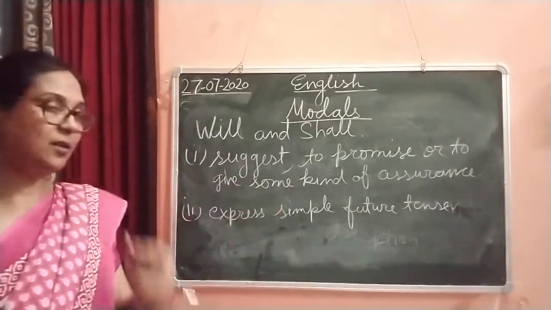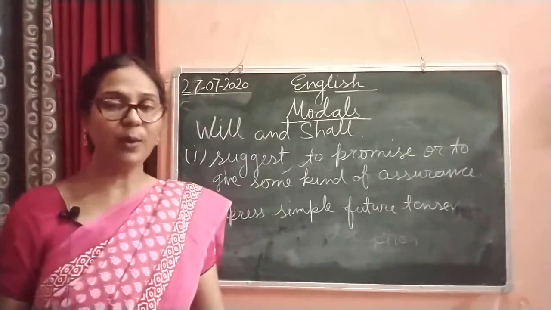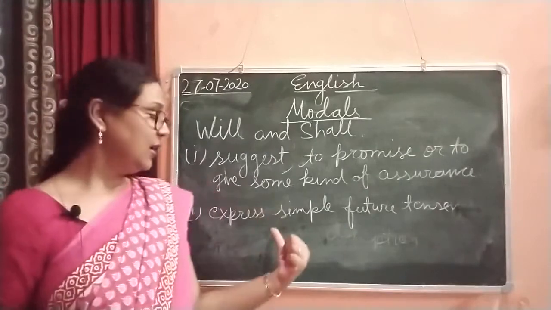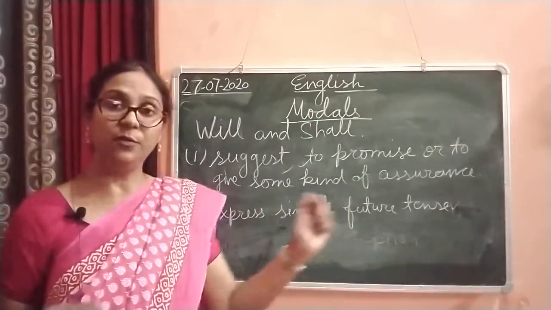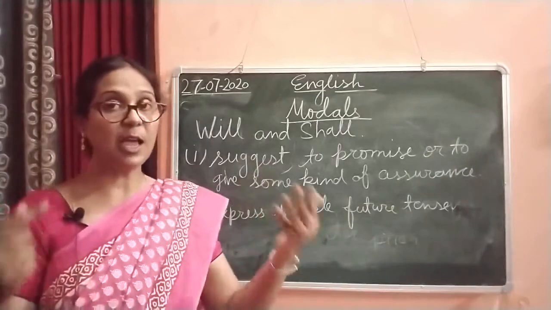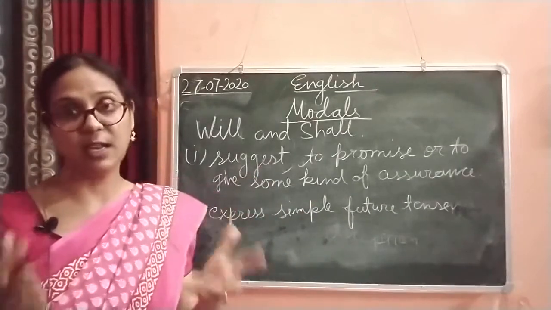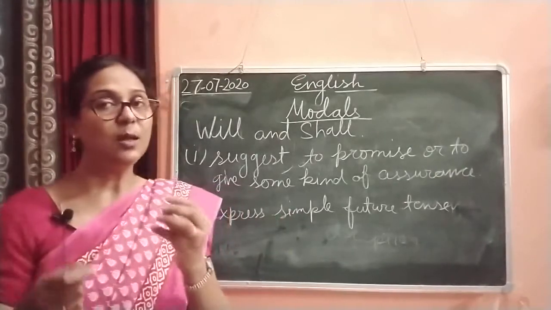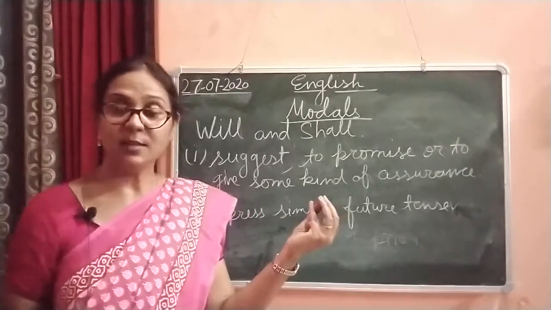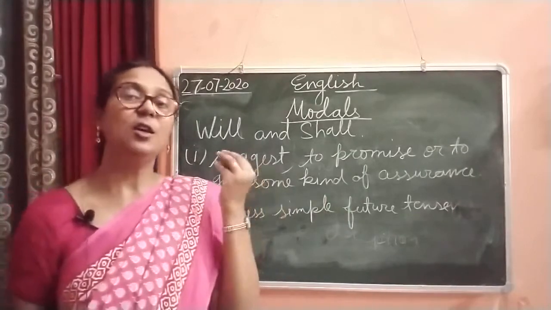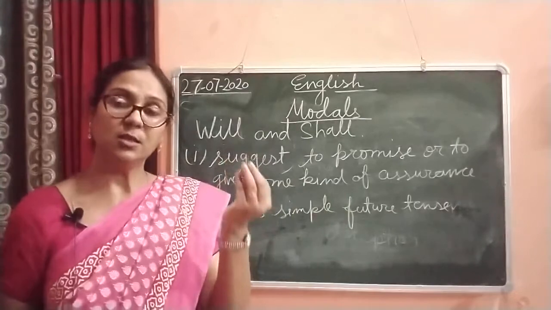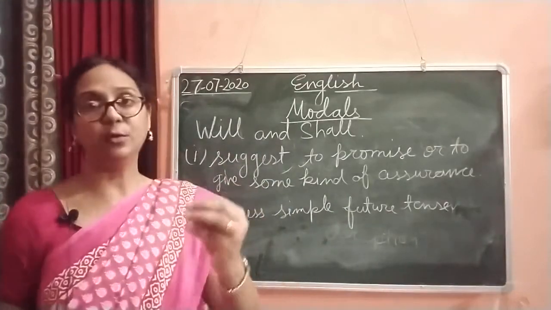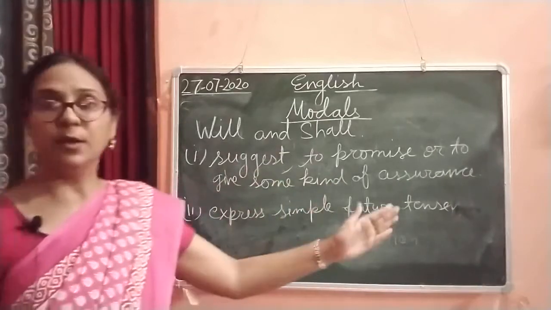And the second point we are going to discuss is so simple that we studied it in class 5 also. Will and shall express the simple future tense. In Hindi you can say "jaunga, main aunga". So this is future tense. The action which is not done in the present or past, but will be done in the future, is denoted by will and shall.